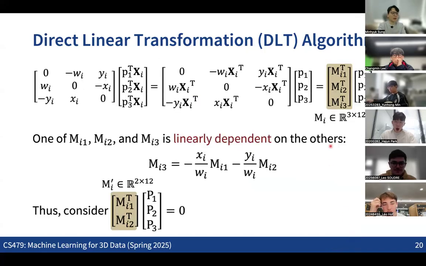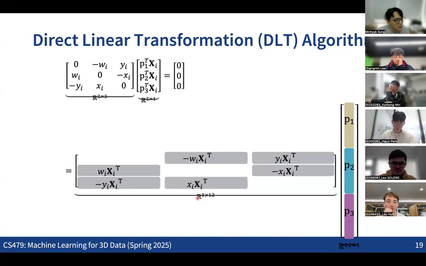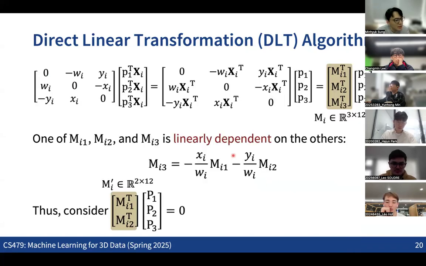But it sounds like we have three equations for the 12 parameters. But the thing is that one of those equations is actually linearly dependent on the others. If we go back to the previous slide, the third equation, the third row here, can be represented as a linear combination of the two rows.